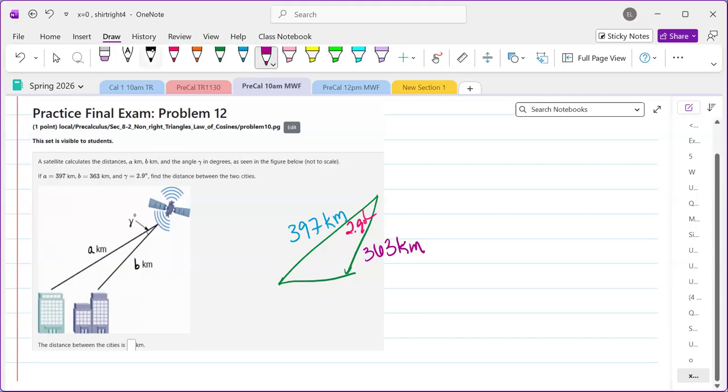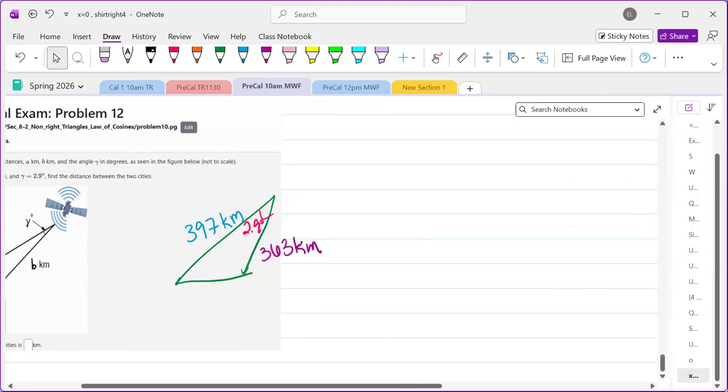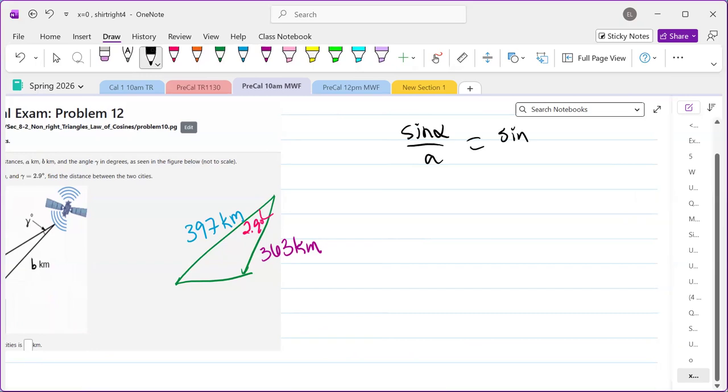Now there's two formulas we can use here. There's law of sines, which is sine alpha over A equals sine beta over B equals sine gamma over C, or we have our law of cosines.